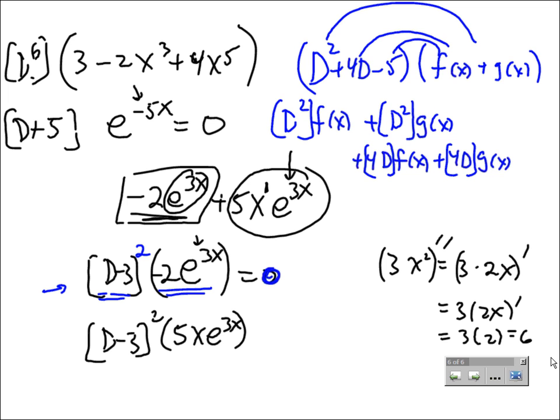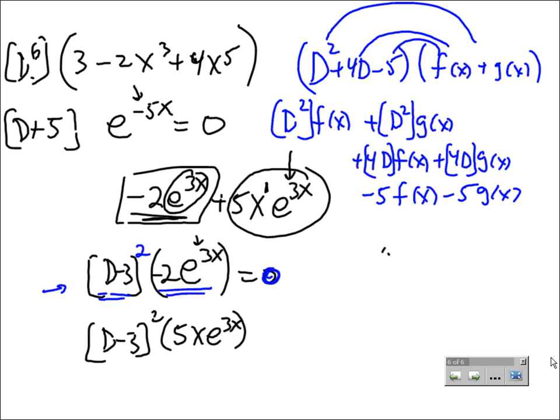And then you take away 5 times f of x. Take away 5 times g of x. Now, if you were to combine like terms, like all the f of x's, that's nothing more than d squared plus 4d minus 5 operated on f of x.